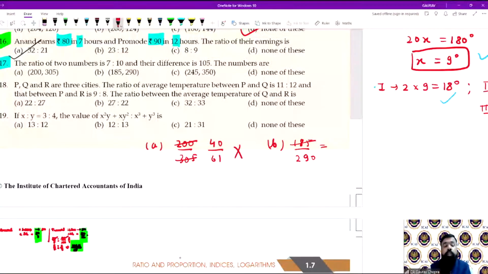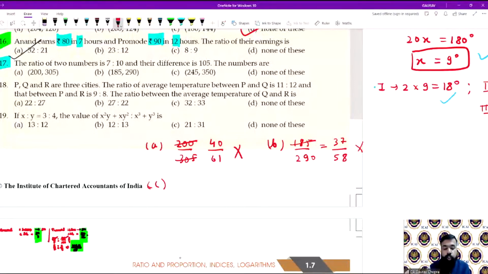If we again cancel using 5, we are getting 37 by 58. So this is also incorrect.